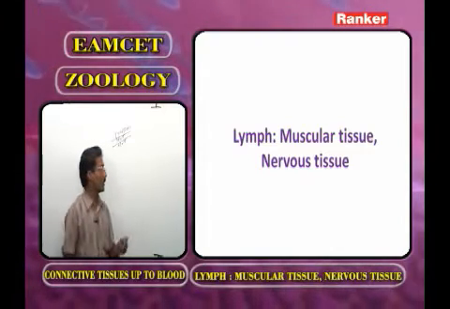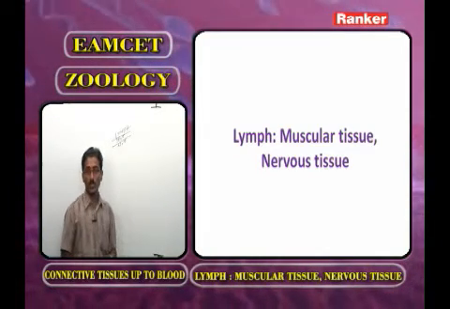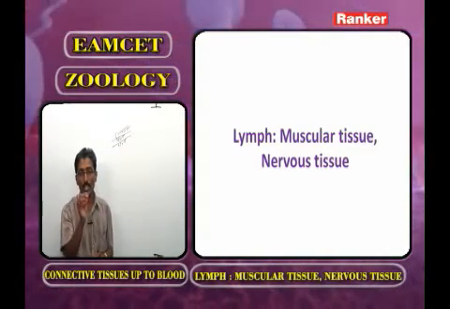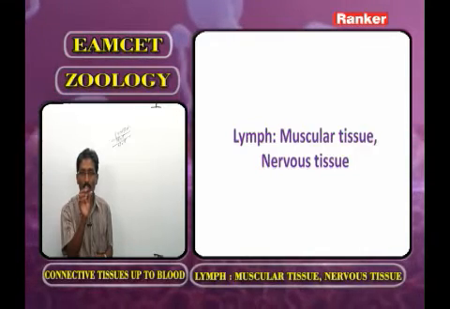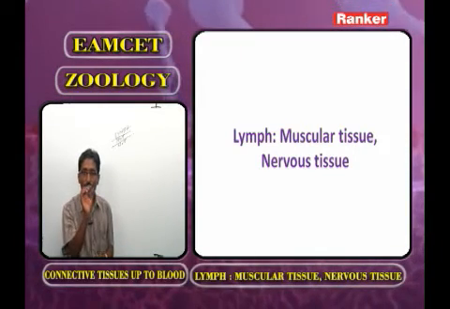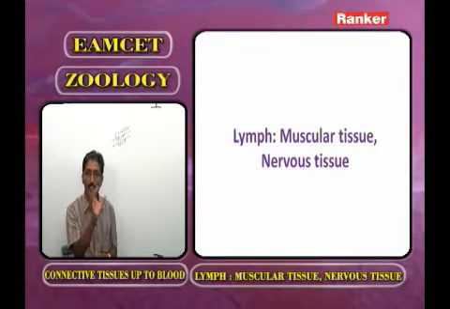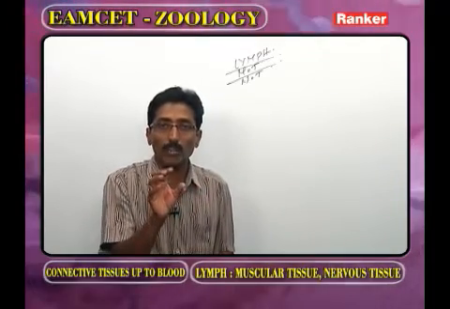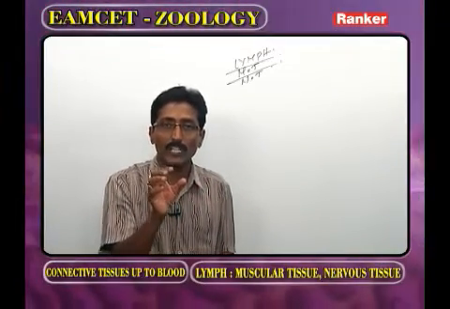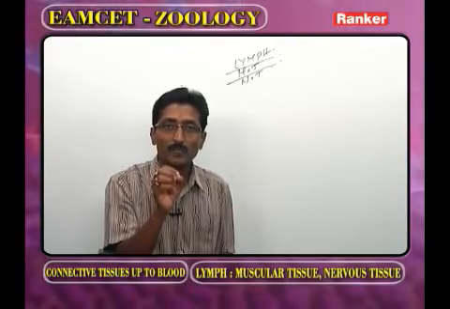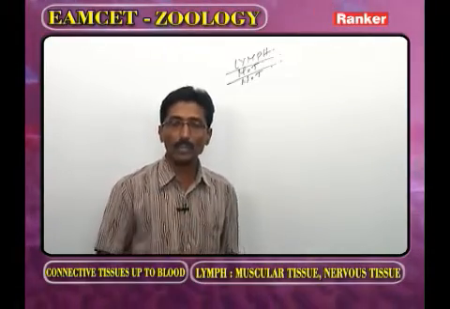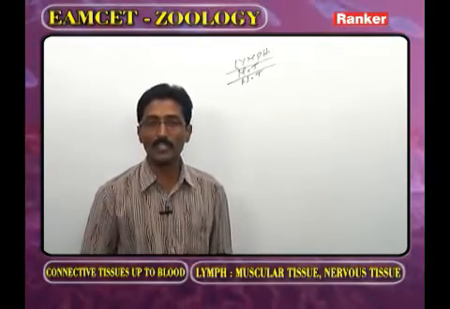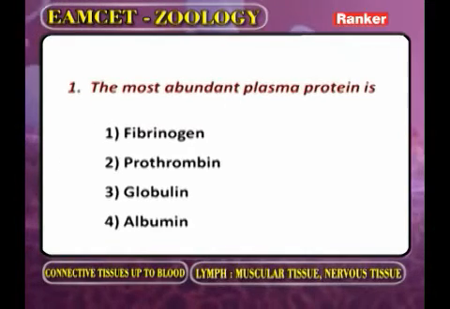The rhythmic muscle. And now the nervous tissue. In the nervous tissue, we have to discuss the neurons and neuroglial cells. While discussing the points regarding these tissues, we have to discuss what type of related bits are going to be asked by the examiner. Now we have to observe the questions regarding the lymph, muscle tissue and nervous tissue.